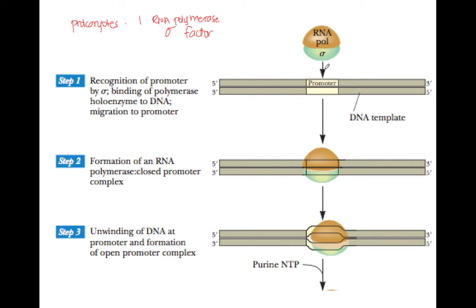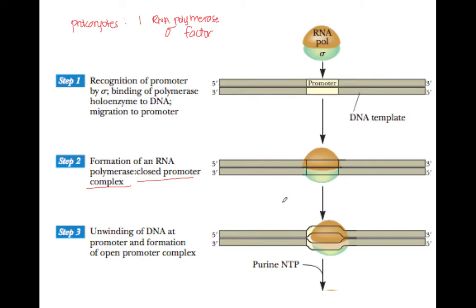So, once sigma factor recognizes that, the RNA polymerase comes in and binds to that region. Once they bind to that region, you form a closed promoter complex.